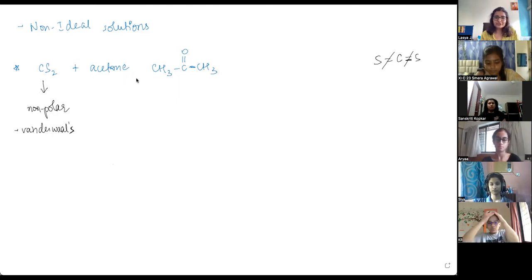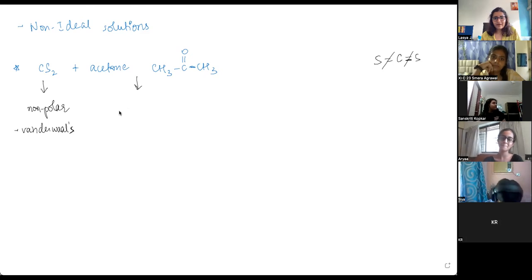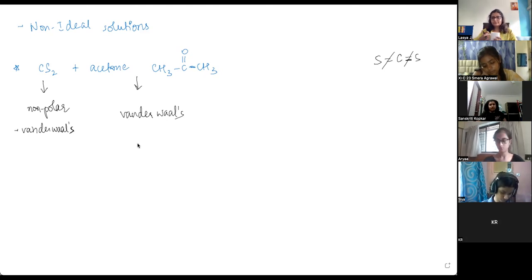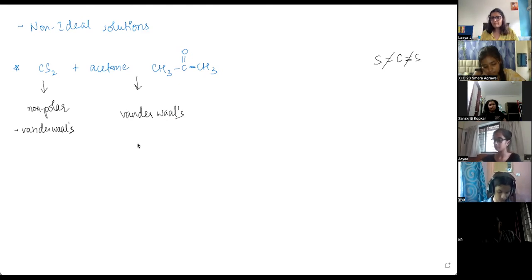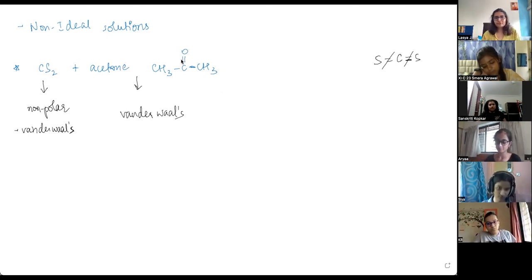Okay, now take acetone. Similarly, see if it is polar or non-polar and what all types of forces acetone will have. Van der Waals is default, that I'm writing down. What else? Carbon has 3 sides, so it is an sp2 carbon, meaning the structure is like this.